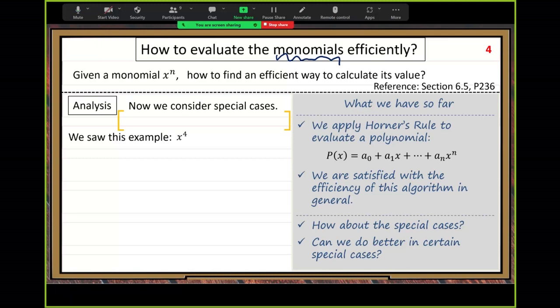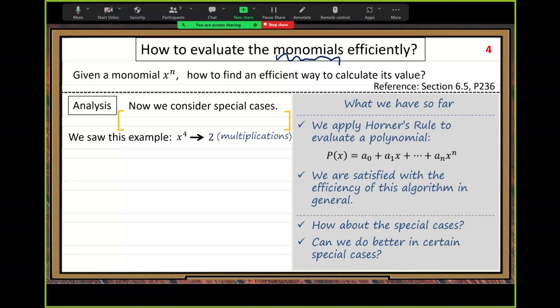Look at what we did before. Remember, last time we only needed 2 multiplications. If we do Horner's rule, we need 3 multiplications. Remember, k minus 1, with the coefficient 1, because we don't need a multiplication related to the coefficient. So we need 3.